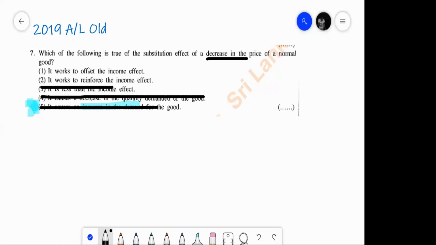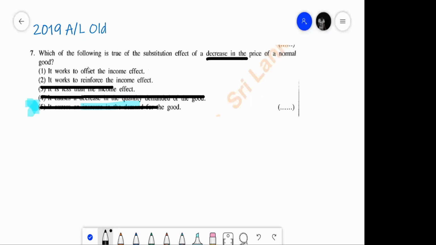The first 2, one says it offsets the income effect. It works to reinforce the income effect. Now, what is the meaning of this? In the first one, offsets the income effect means the income effect is showing something else. This substitution effect is trying to cut it off. It's going the opposite direction.